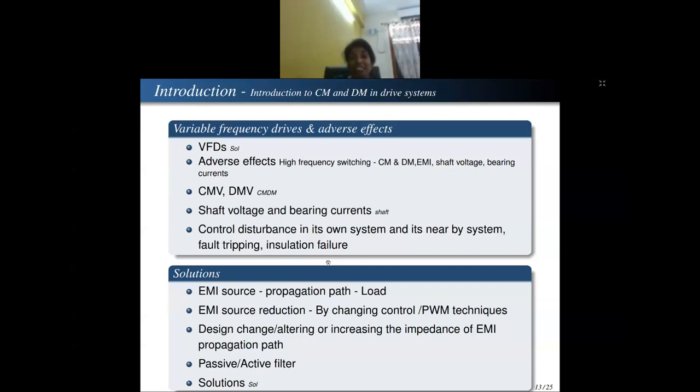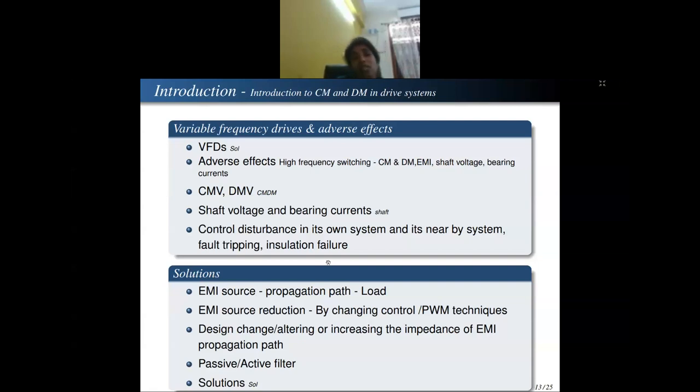Instead, I make something voluntarily the victim. Say I place a passive or active filter that is going to absorb all of these components and give a pure signal to the motor. That is what your passive or active filter does. If you look at overall solutions provided in the literature, this is the summary.